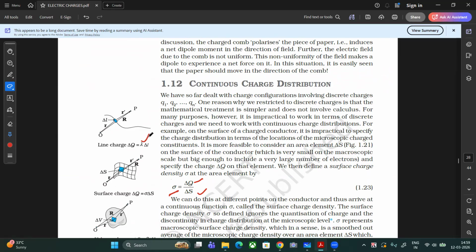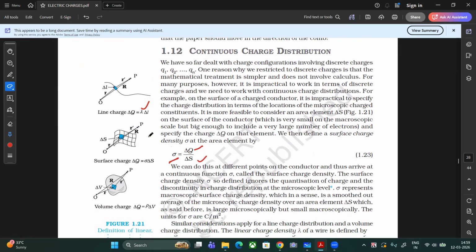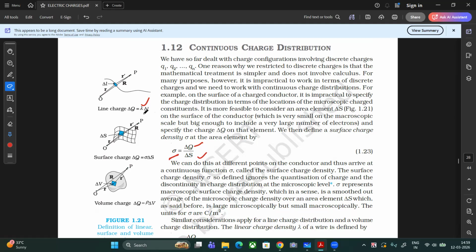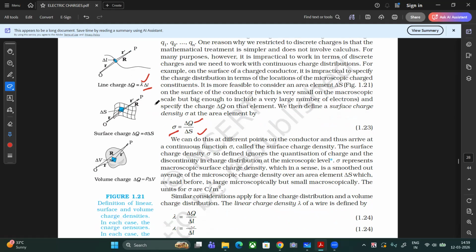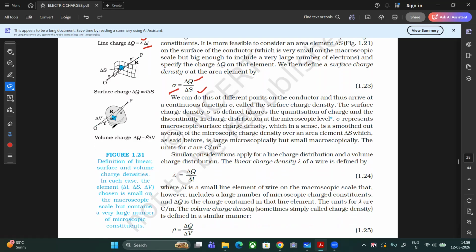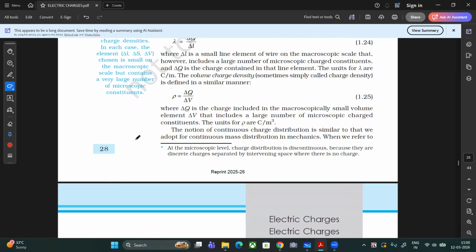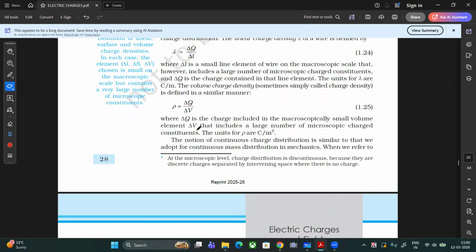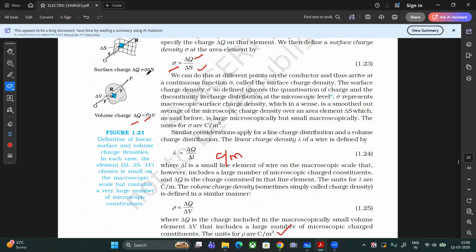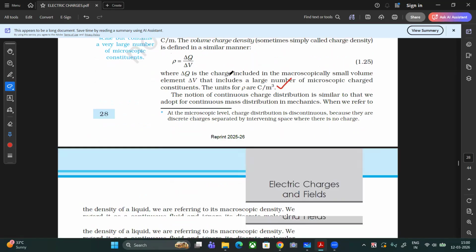Linear charge density is called lambda: the amount of charge in a particular length, del Q by del L. The volume charge density is called rho: the amount of charge in a particular volume, del Q by del V. Each has a formula, and the units are coulomb per meter square, coulomb per meter, and coulomb per meter cube. For surface charge density it is coulomb per meter square, because the charge unit is coulomb and the area is meter square.